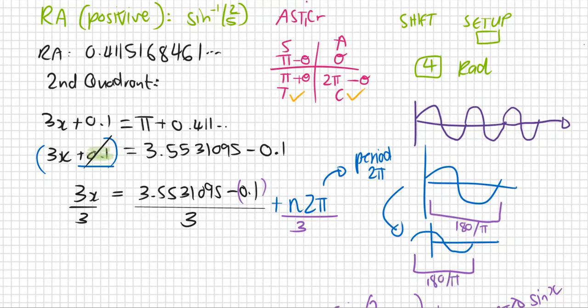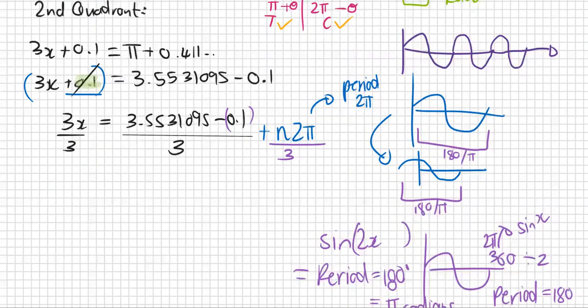So those are the explanations of how we get the full general solution. Where were we? We got x equal to 3.55, this is still in radians. Let's just check this: 3.5531095 minus 0.1, all divided by 3 should give us more or less 1.15.